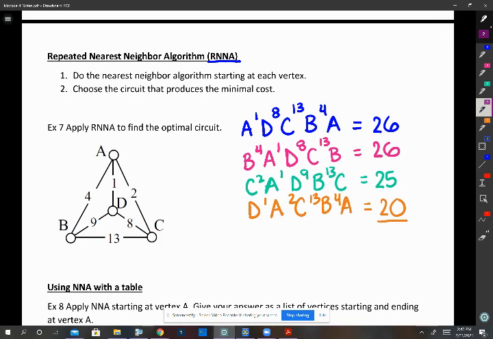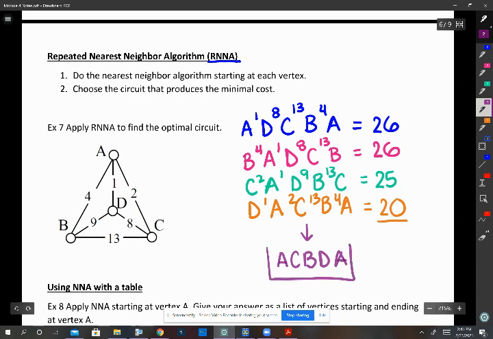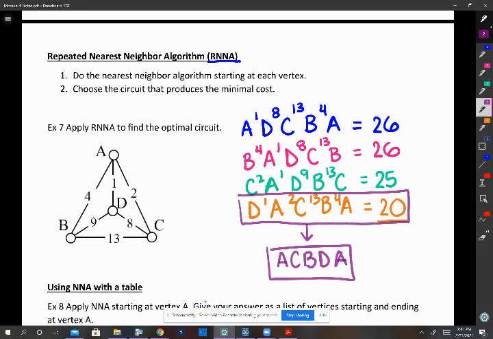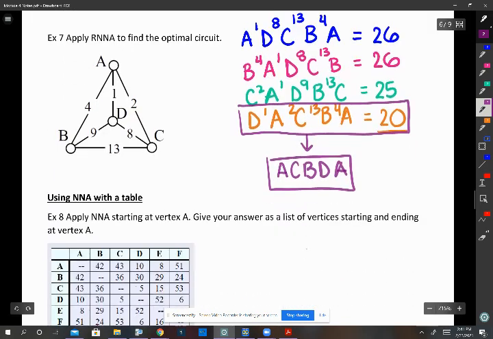So if I'm saying this circuit is my shortest, I would rewrite it starting with letter A. And so I would say it's A, C, B, D, back to A. And so this would be the circuit that I would enter into my computer. But really the winning circuit is just rewriting the winning circuit starting with letter A and then going to the left and back around. So just be careful with that.